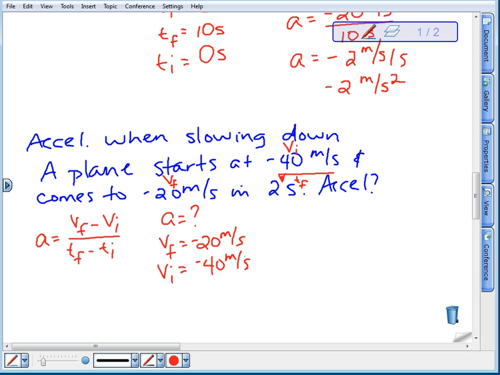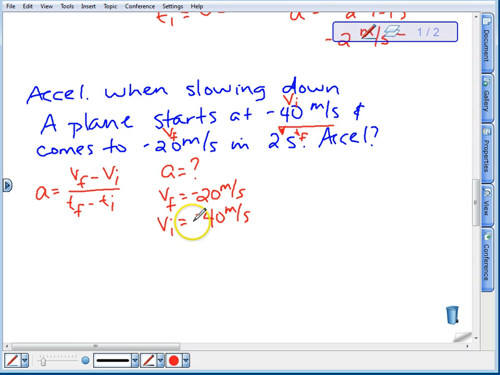So I know I'm slowing down because I started off going 40 meters per second in the negative direction and ended up going 20 meters per second in the negative direction. So I'm not going as fast as I started out going. So since I'm going in the negative direction, I know that my acceleration should be positive. My TF is 2 seconds and my TI is 0 seconds.